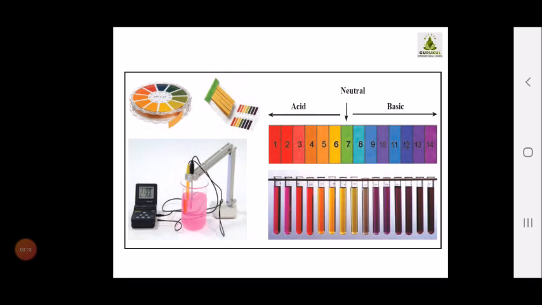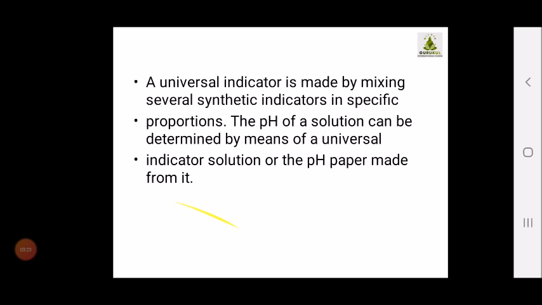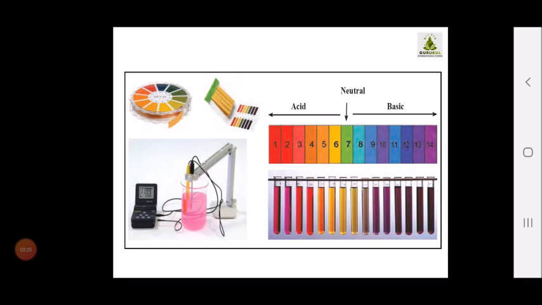This instrument is known as a pH meter, and when we want to measure the pH, it is measured by dipping the electrodes into the solution, and whatever the value of pH, it is indicated. See here, it is indicated 11.99. So this means this substance is basic in nature and the pH comes very accurate.